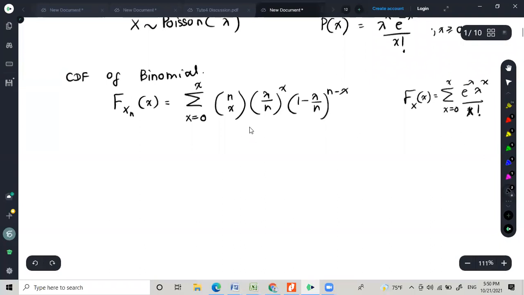So this is how you write the CDF of the Poisson. Let's start from the CDF of the binomial and see whether we can show that it converges to the CDF that you see on the right hand side when n goes to infinity. So take the limit as n goes to infinity of this CDF.